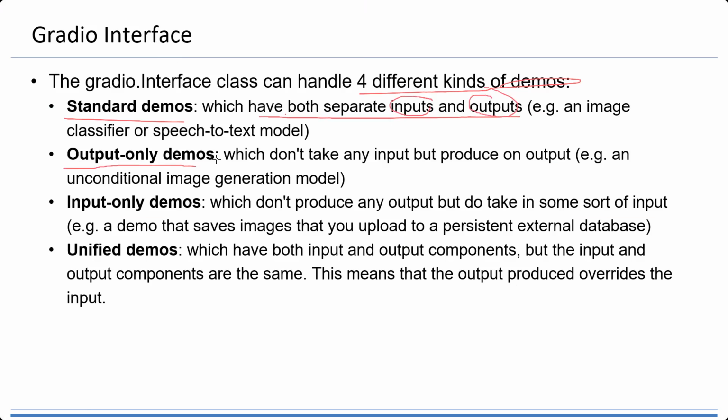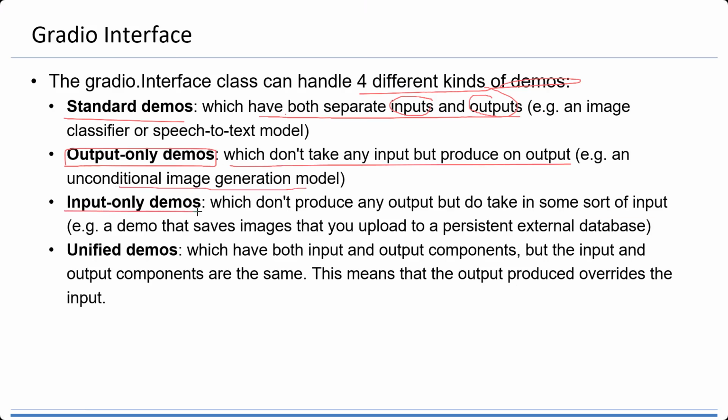There's another kind of interface, output only demo. So you just show the output, but we don't need to show the input. The output only demos do not take any input but produce an output. Maybe if it is about image, sometimes we just upload the image and then show the output. Or the other kind of interface, it is input only demos.